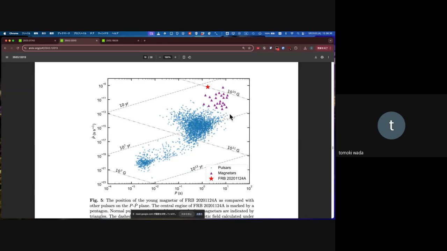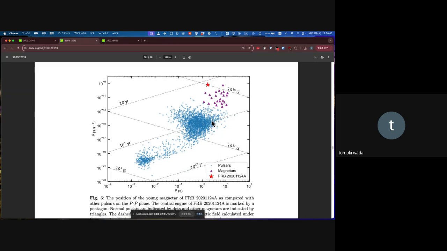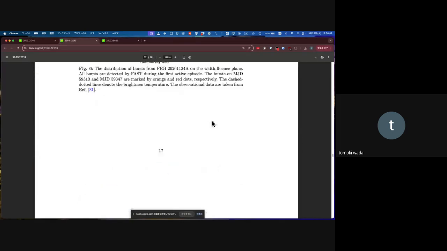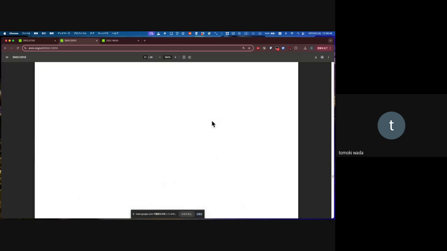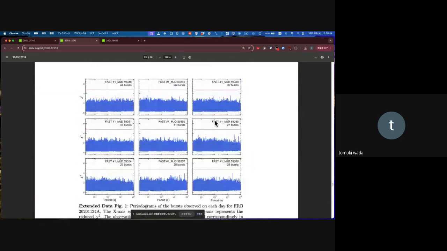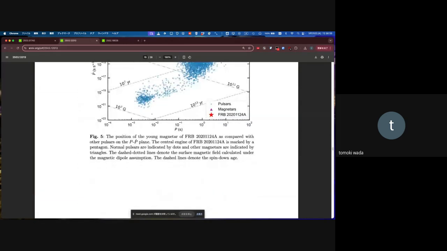This direction is the magnetic field, and this direction is the age, a bit younger than other galactic magnetars, but maybe consistent with them. And here are the detected bursts. Maybe that's all. Sorry, wait a minute. I think I didn't miss any important information.